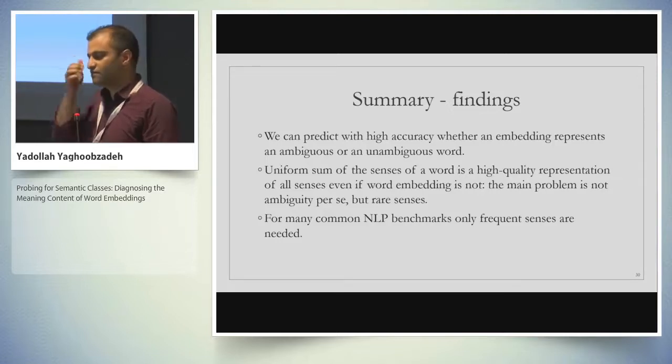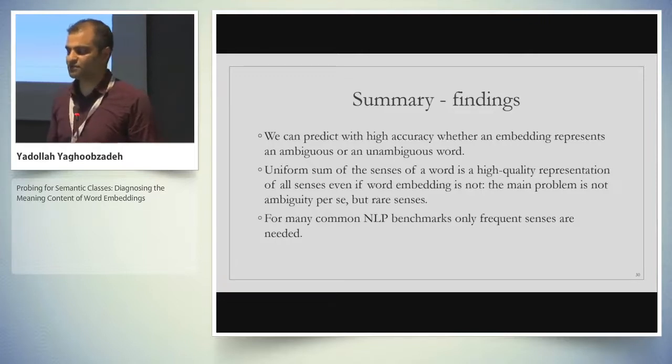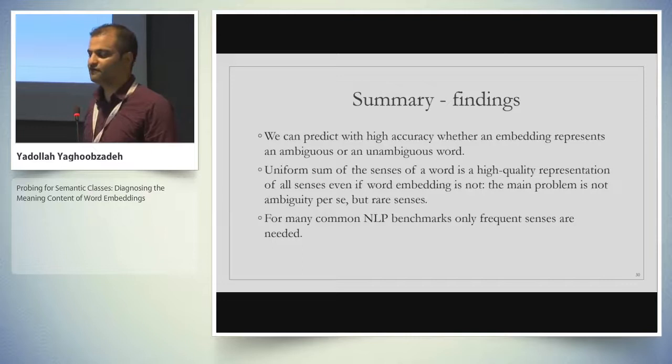We can conclude that the main problem is not ambiguity, it is actually the rare senses. And finally, for many common NLP benchmarks, only frequent senses are needed. Therefore, even if you have an embedding that represents all the meanings well, it might not be reflected in the benchmark results. So thank you.